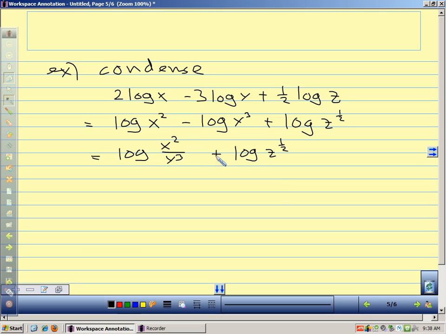Now we have these two adding to each other, so what does that tell us we can do? Multiply. So that is log of x squared times z to the 1/2 over y to the 3rd. And that would be my logarithm condensed or written as a single logarithm.